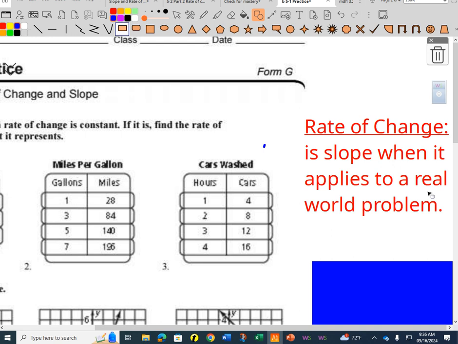Exactly the same, we use the same formula of y minus y divided by x minus x. I'm going to abbreviate that ROC from here on out.